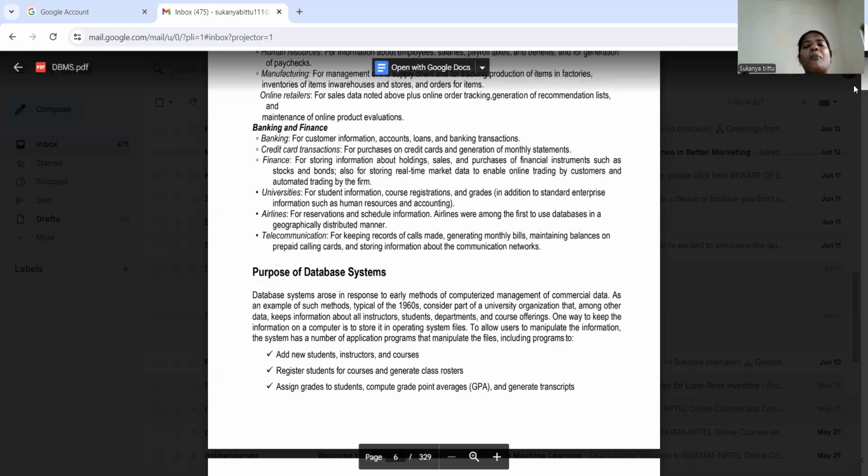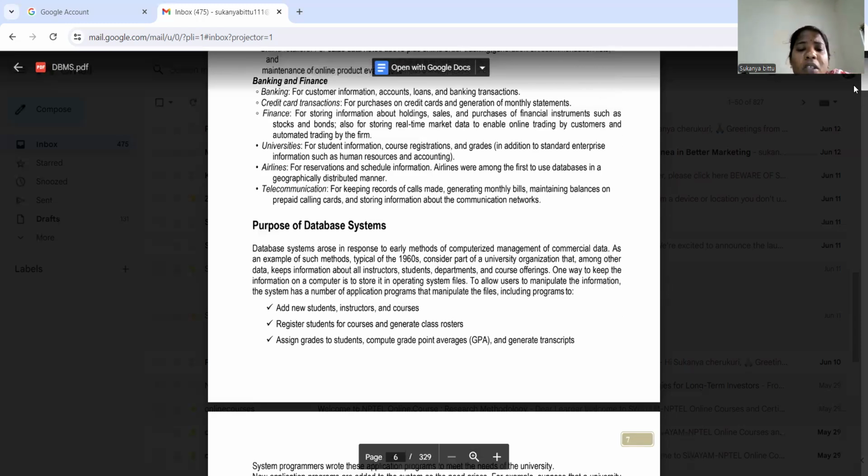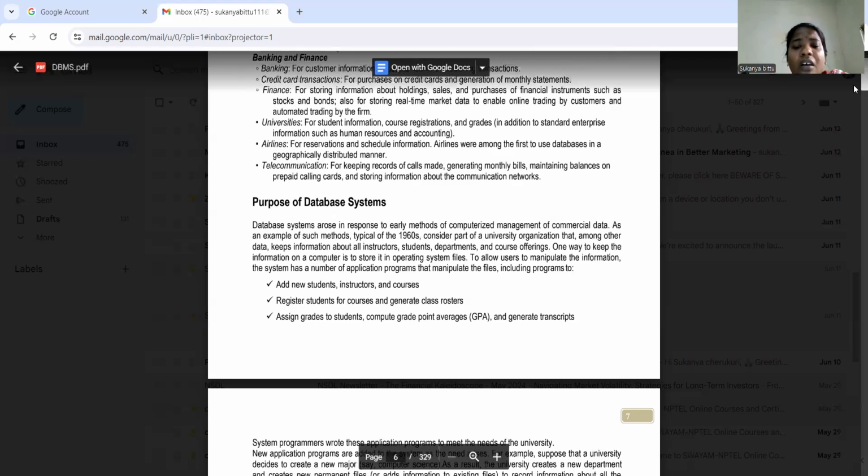Next, what is the purpose of a database system? Database systems arose in response to early methods of computerized management of data. As an example, typical of the 1960s, consider part of a university organization that, among other data, keeps information about all instructors, students, departments, and course offerings. One way to keep the information on a computer is to store it in operating system files, with application programs to allow users to manipulate the information.